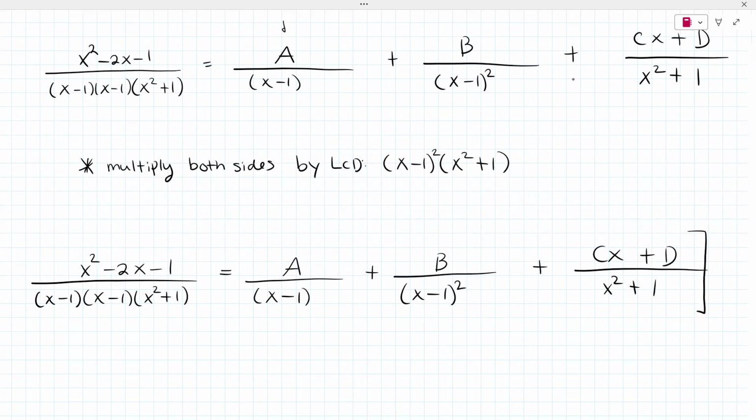So I'm going to multiply both sides by (x minus 1) squared times (x squared plus 1).